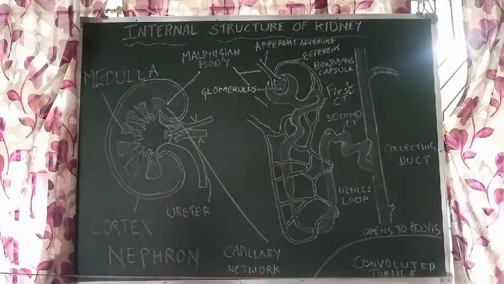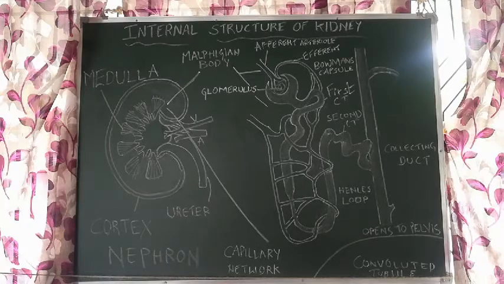After coming out of the Bowman's capsule, there is the first convoluted tubule. Convoluted means turns, twists, coils. So the first convoluted tubule is also called the proximal convoluted tubule. Proximal means starting.